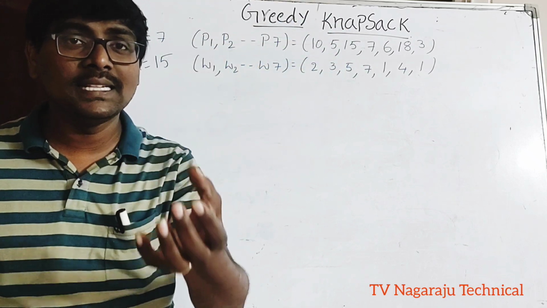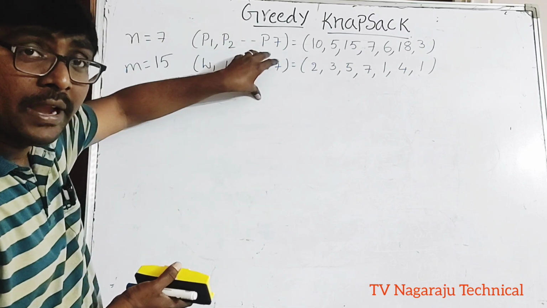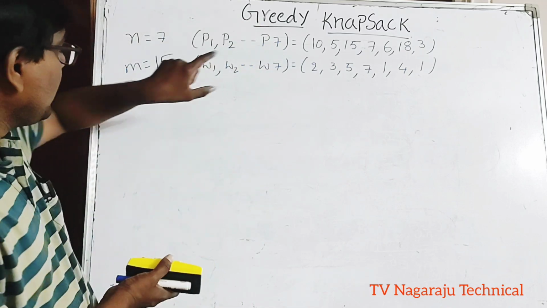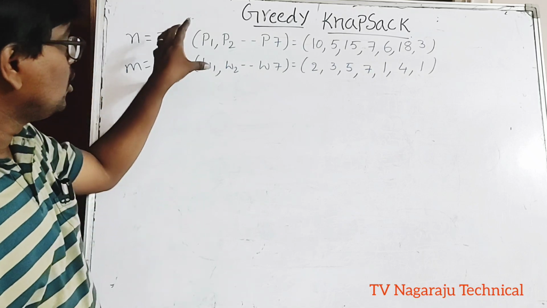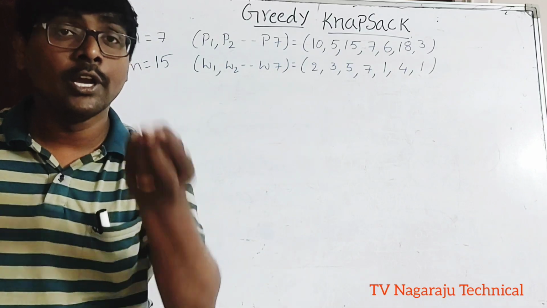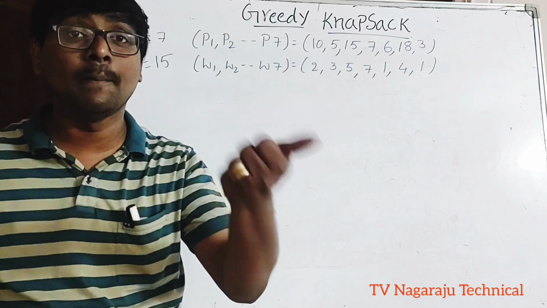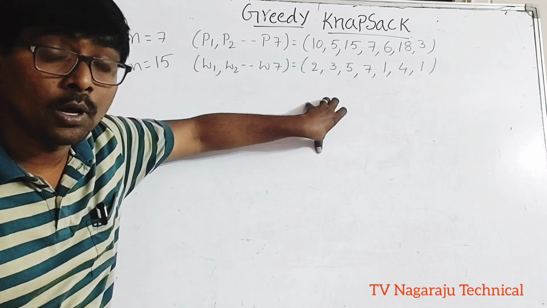So first of all, what is a knapsack problem? You are given some profits and weights of some objects and a knapsack with some capacity. Your aim is to place the objects into the knapsack such that you maximize the profit. So this is a maximization problem.